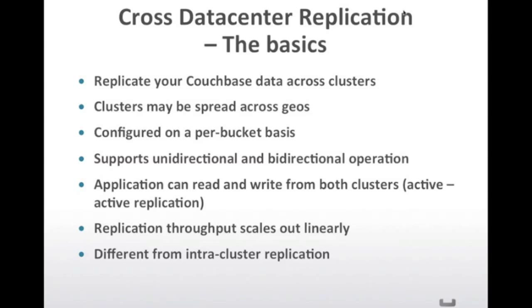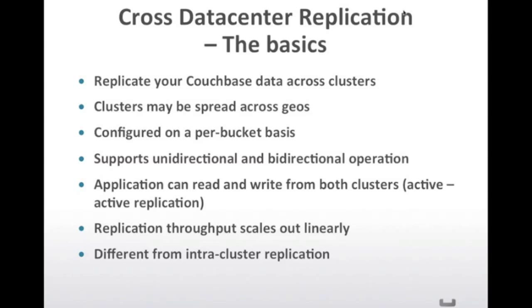Wanted to go a little bit over the basics of the cross data center replication. So you can replicate your Couchbase data across the clusters. It may be spread across geos, not necessarily, but that's one possibility. And the configuration of the replication is granular. What I mean by that is there is the notion of buckets in a Couchbase cluster.